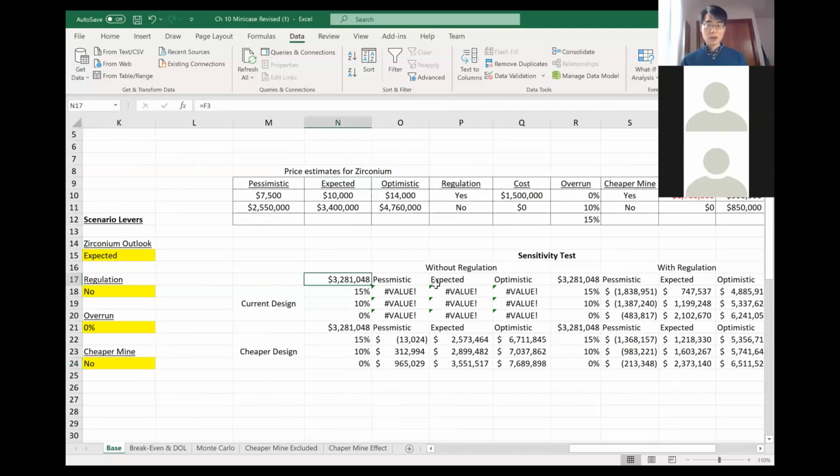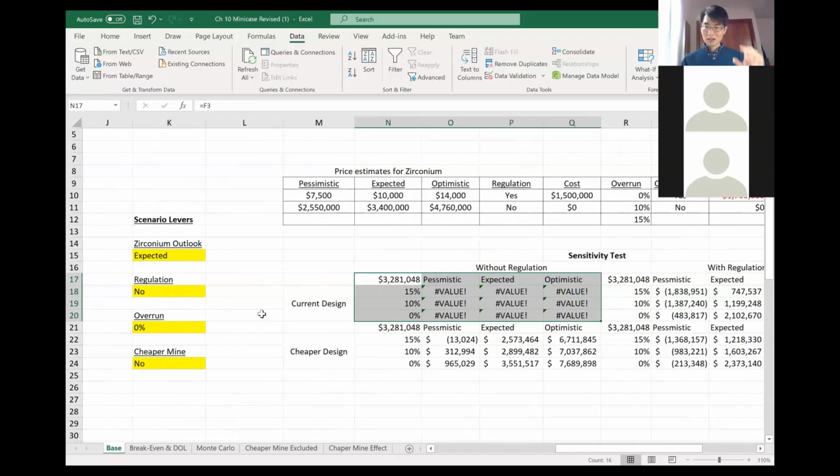So you have to make sure that there is a match between the information provided in the table and the information used in the designated cell. In this case, because I used the text, I have to make sure that the text is used in the designated cell, which is this one.